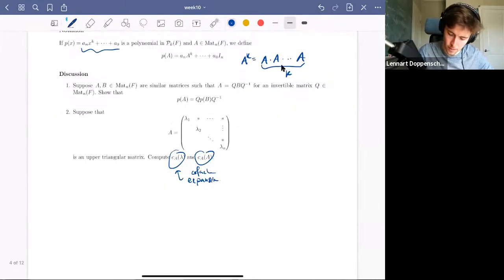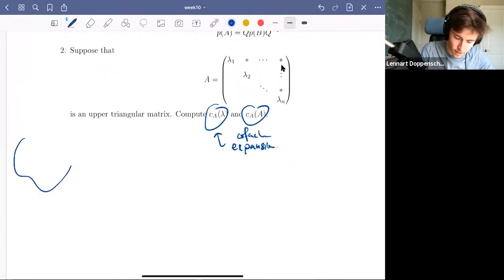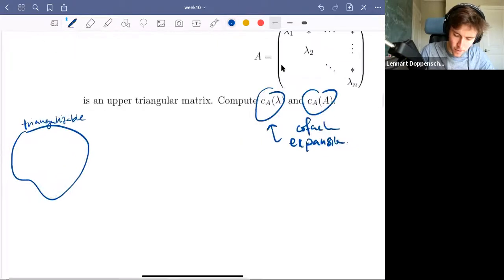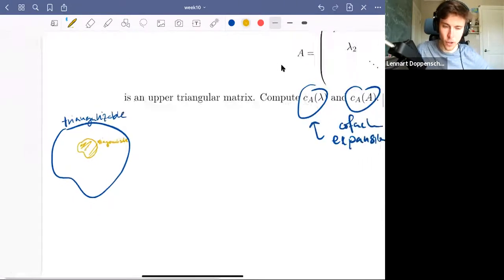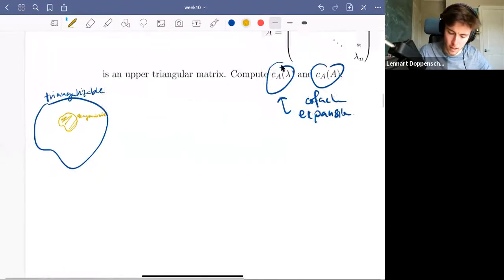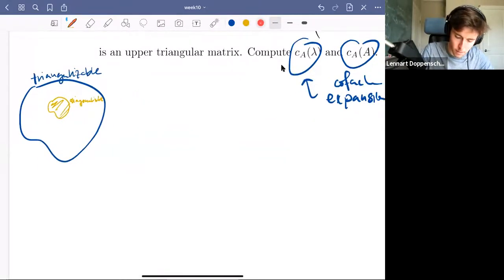You could draw this like this: if you think of the set of all triangulizable matrices, then the diagonalizable matrices are specific ones inside there.